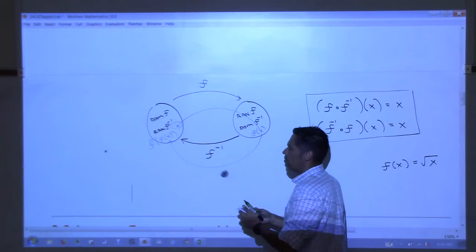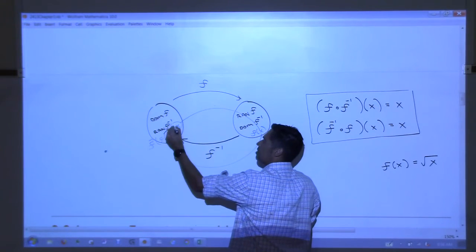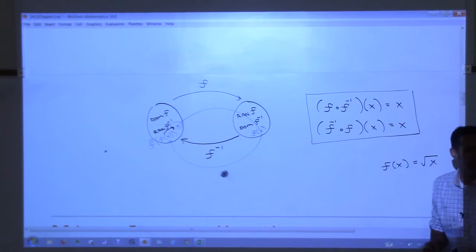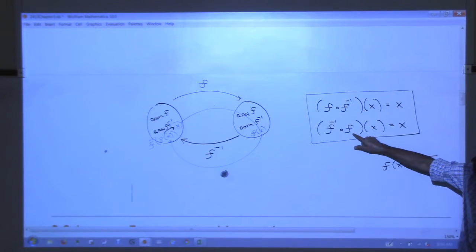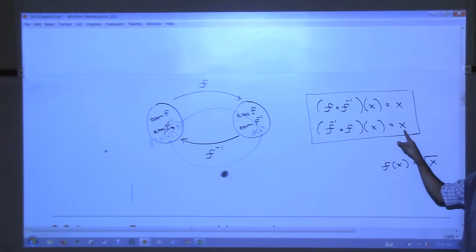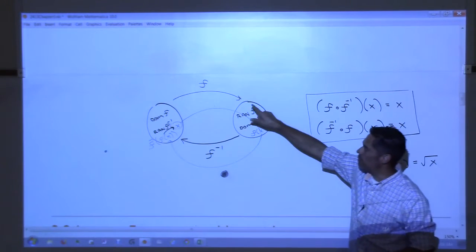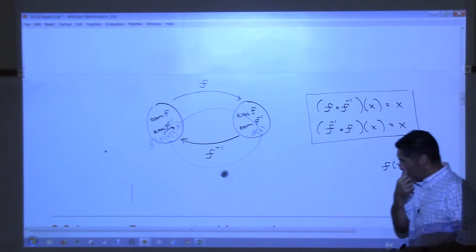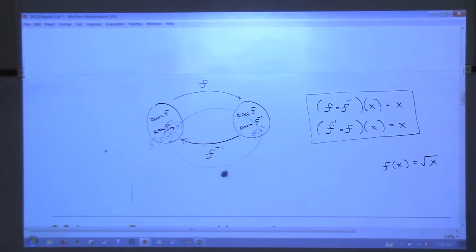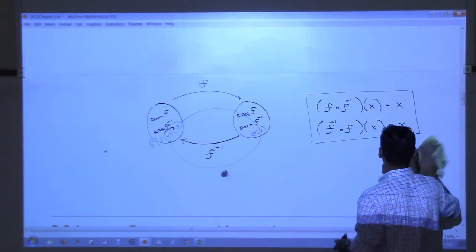Well, where does it have to go back to? x. It has to go exactly back to where it came from. That's what this is saying. If x goes into f first and then that goes into the inverse, it should just come out where it came from. And it works both directions. If you start with an x here, go here, and then back, it should go back to x. All right, that's just a very quick little reminder of how inverses worked.